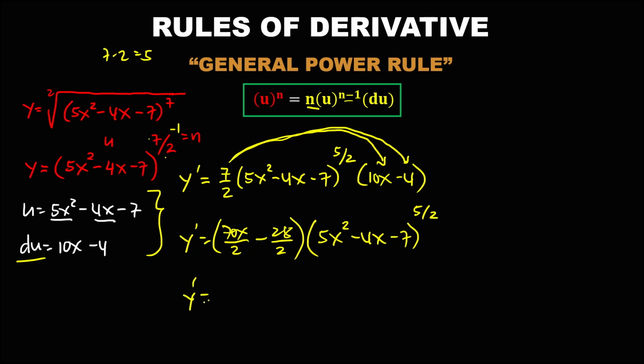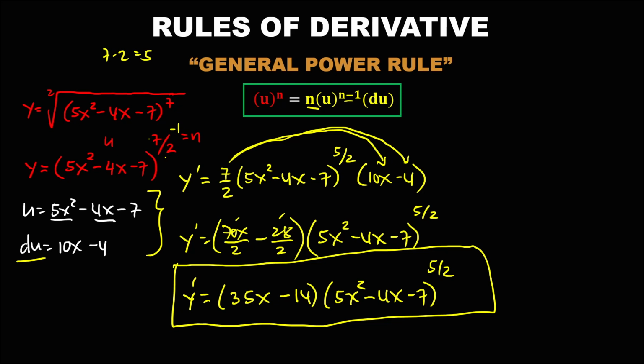Then we need to reduce. Since 70 divided by 2 is 35x, then minus 28 divided by 2, that's 14. Then we have 5x squared minus 4x minus 7, quantity to the power 5/2.